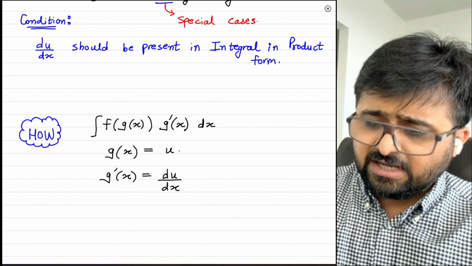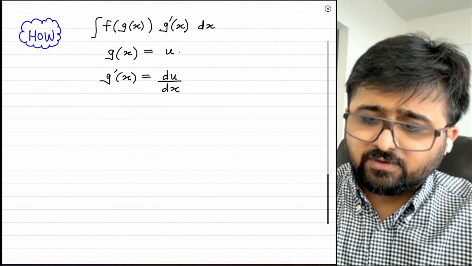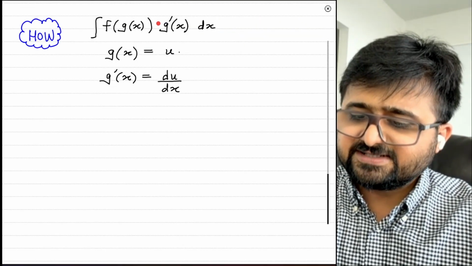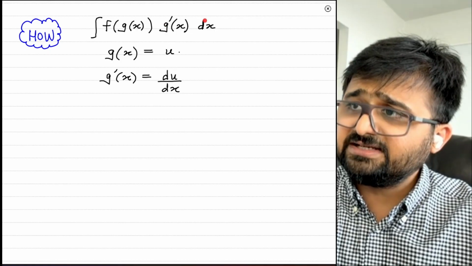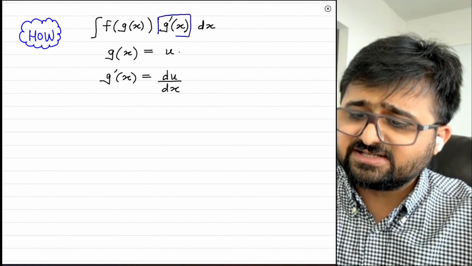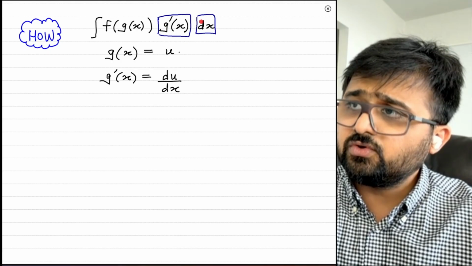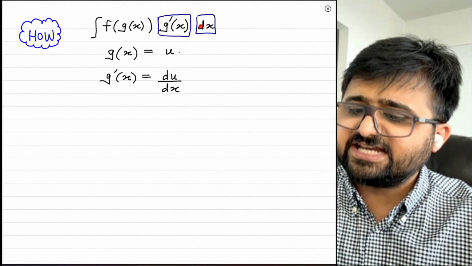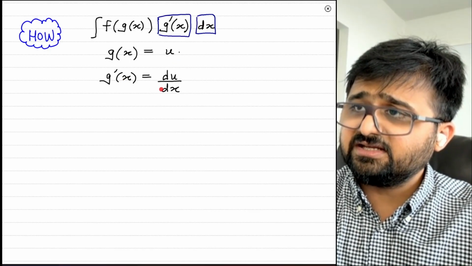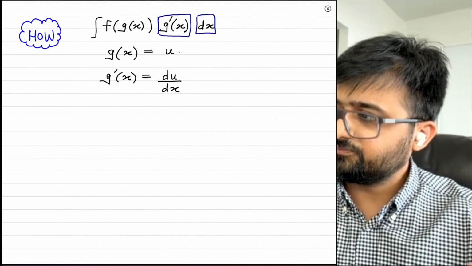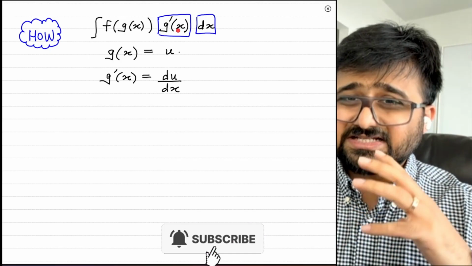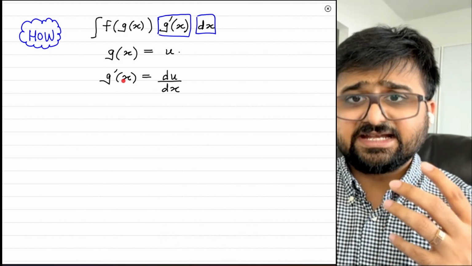Now notice that if you want to convert this integral into the u world, as we discussed, you need dx, and there is a g dash of x getting multiplied over here. So g dash of x times dx is getting generated in this integral.